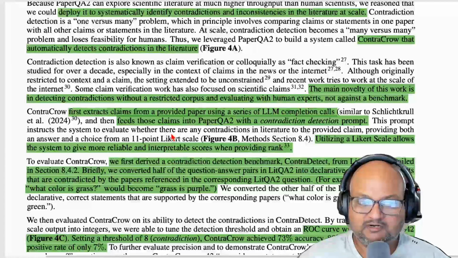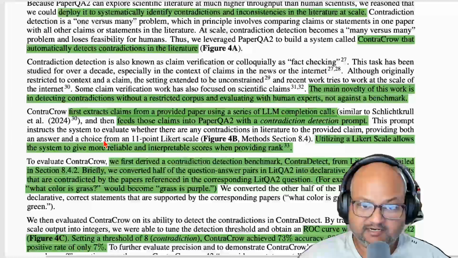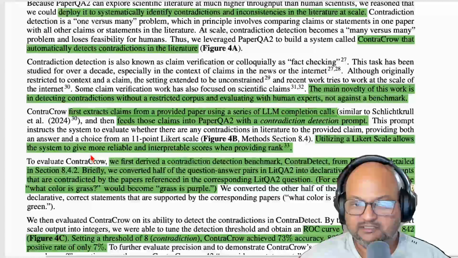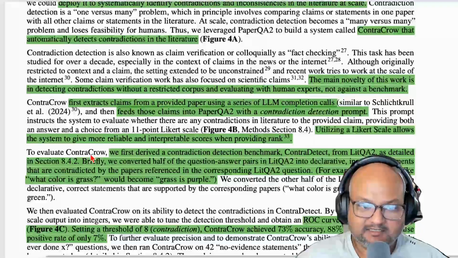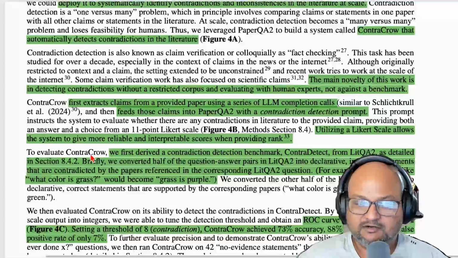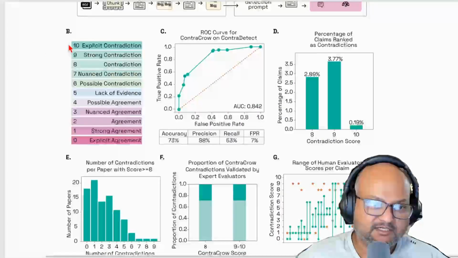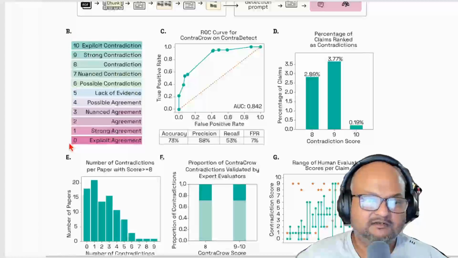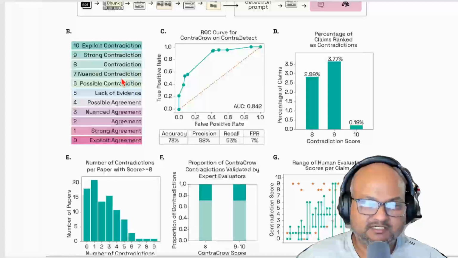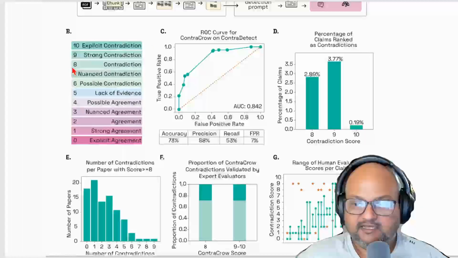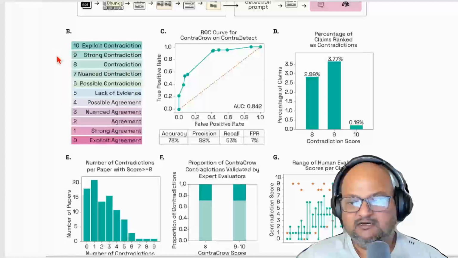And the output of that prompt isn't a yes-no decision on whether there is a contradiction or not, but rather it is a scale which scores how likely that claim is to be a contradiction. So as you can see in this diagram, they use an 11-point scale going from explicit agreement all the way to explicit contradiction. And they're considering anything at 8 and above to be a contradiction.